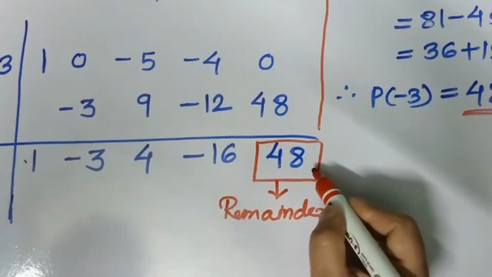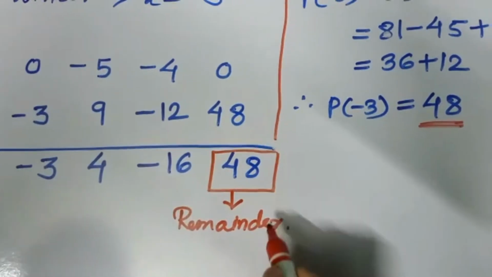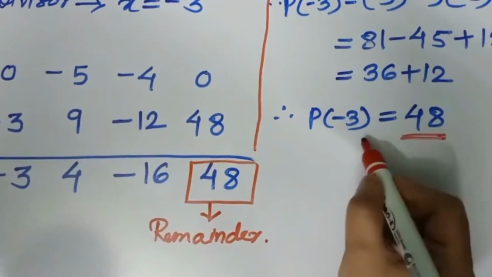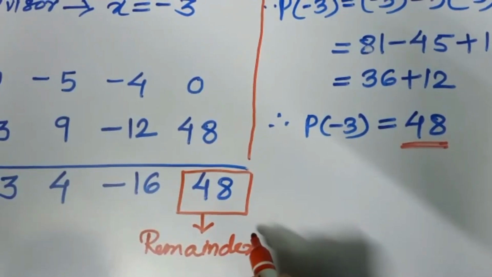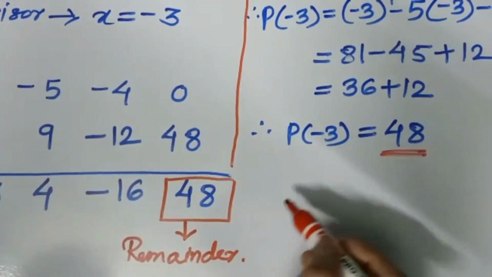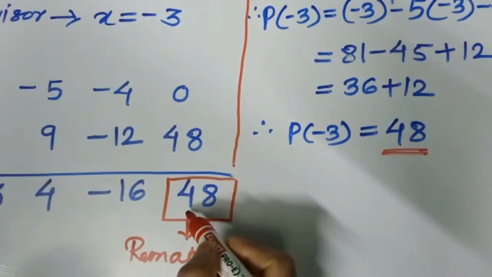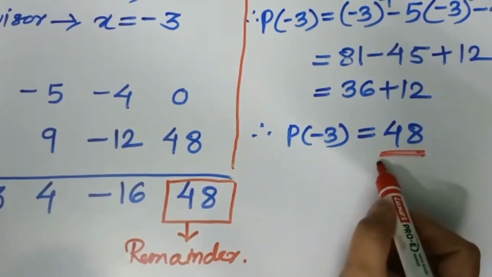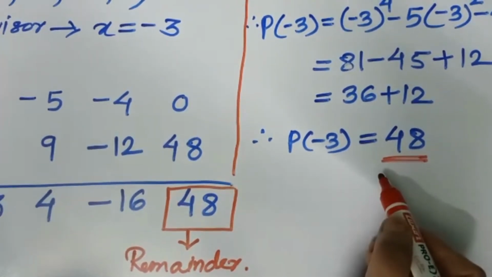So see here both are similar. Remainder is 48. At the same time the value of that polynomial after putting the opposite number of that same divisor in that same polynomial is also same. So here 48 is the remainder and the value of the polynomial is also 48.